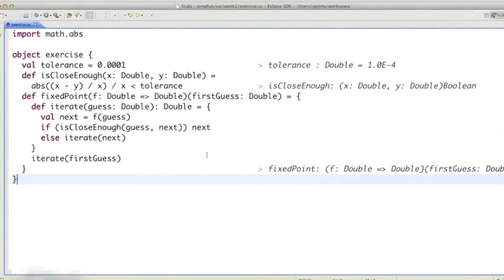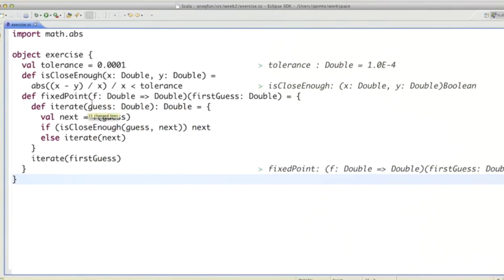That algorithm, if you look at it closely, is a close derivative of what we did for square root. We have essentially an iteration method that tests whether our guess is close enough to the result, and if it's not, then we iterate. And the improve method that we had in the square root would now be this f method that we pass as a parameter.